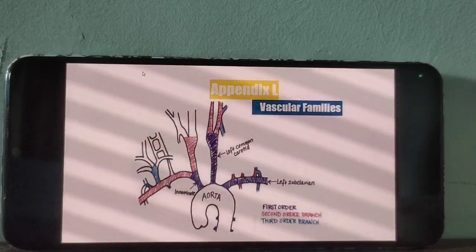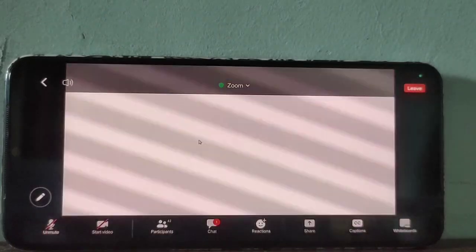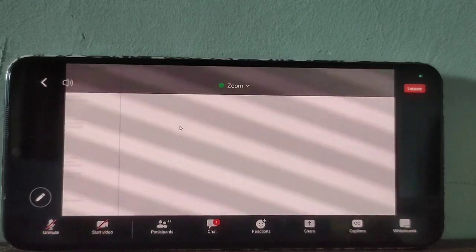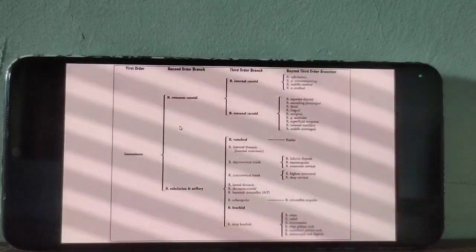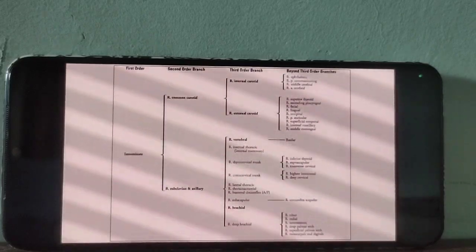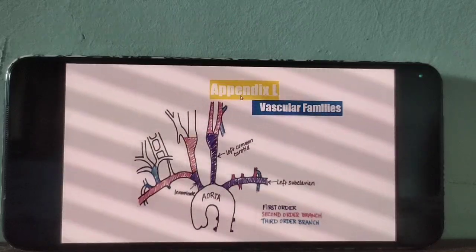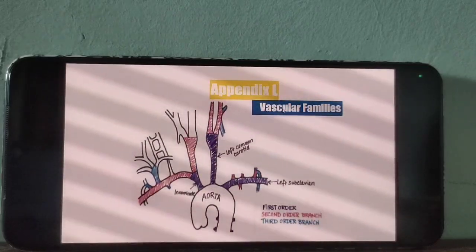Yes, ma'am. Now, how do we find the corresponding order? That is present in our Appendix L. In Appendix L, the corresponding vascular families are present.